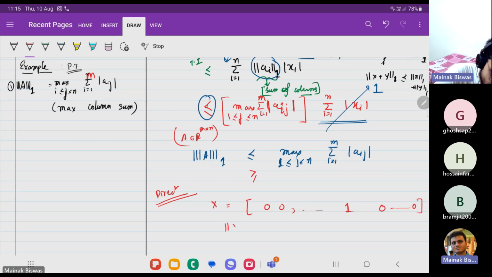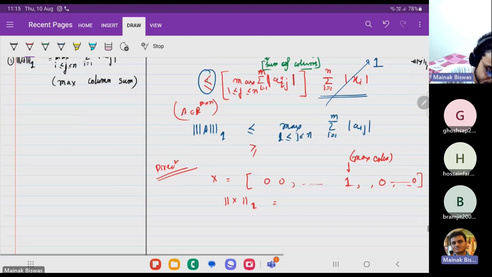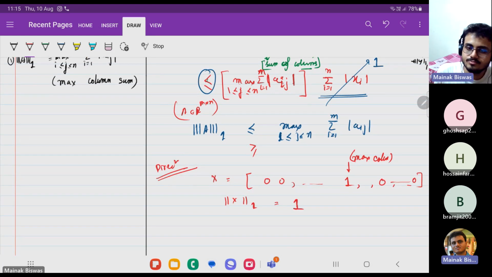Do you agree the norm of x is equal to 1? For direction 2, there always has to be a particular solution. This is why I want to instill in you, this is the way you prove it. This is the maximum column. I know the column which is maximum beforehand. I'm putting 1 there and 0 everywhere else. So do you agree that the norm of x is equal to 1? Yes, there is only one 1 and all zeros.